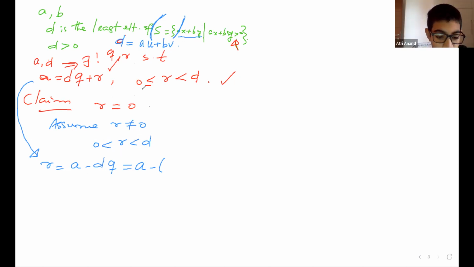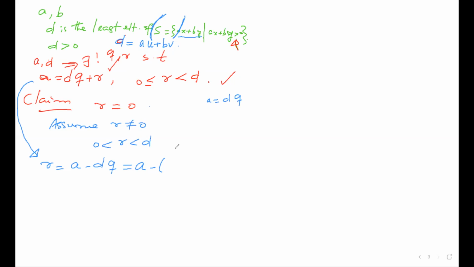If r is 0, then d will be a divisor of a, wouldn't it? A equals dq means d divides a, isn't it? If a equals dq, it has to be d times something. Agreed? So in particular, d divides a.